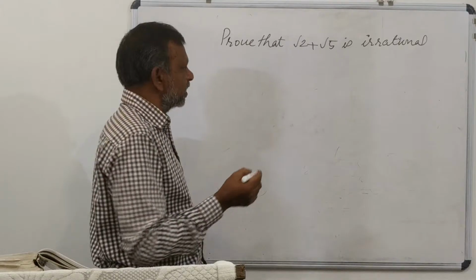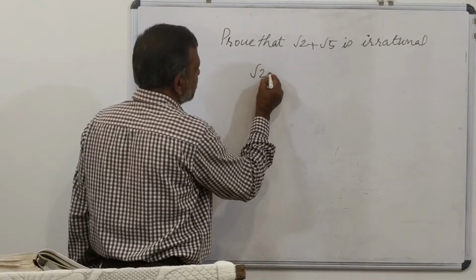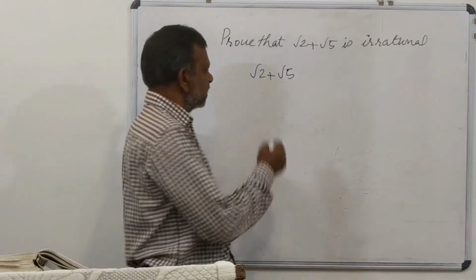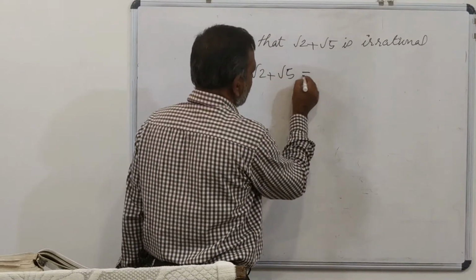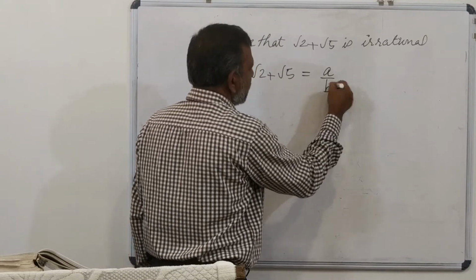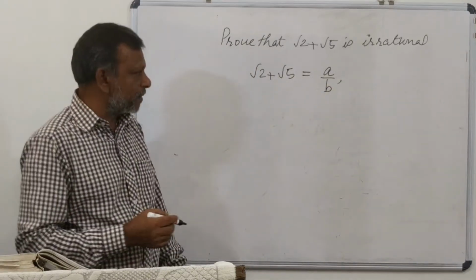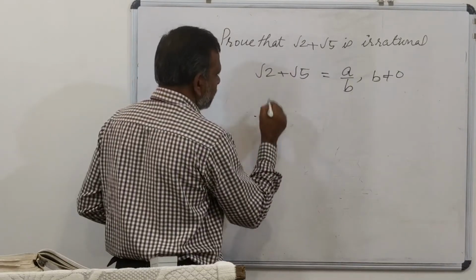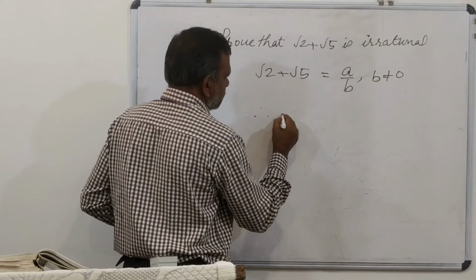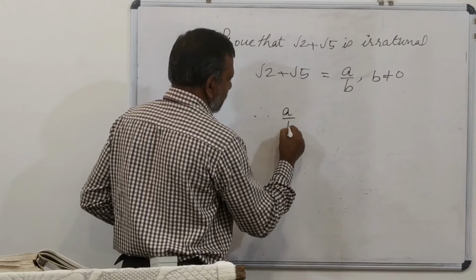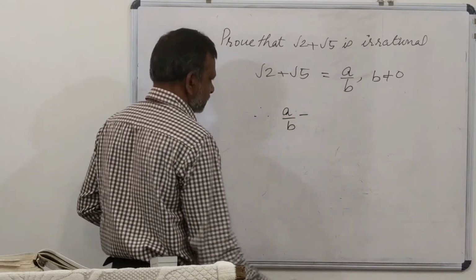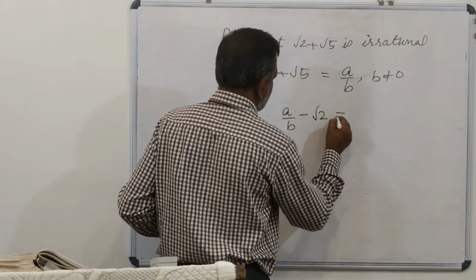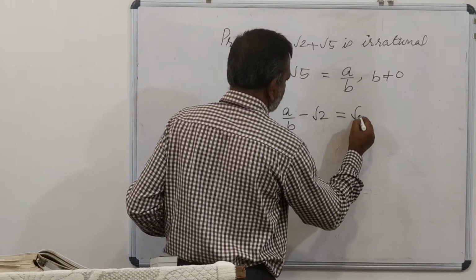Let's assume to the contrary that root 2 plus root 5 is rational such that root 2 plus root 5 equals a by b, where a and b are coprime numbers and b not equal to 0. Therefore, a by b minus root 2 is equal to root 5.